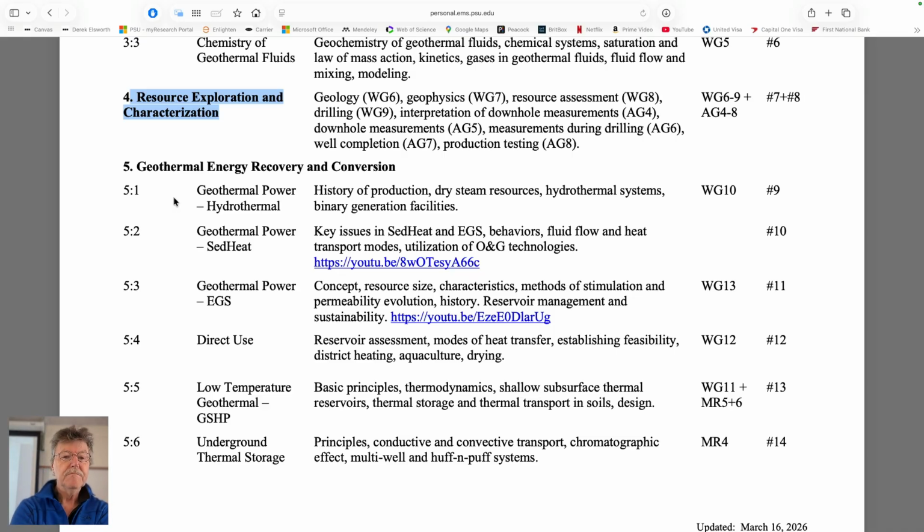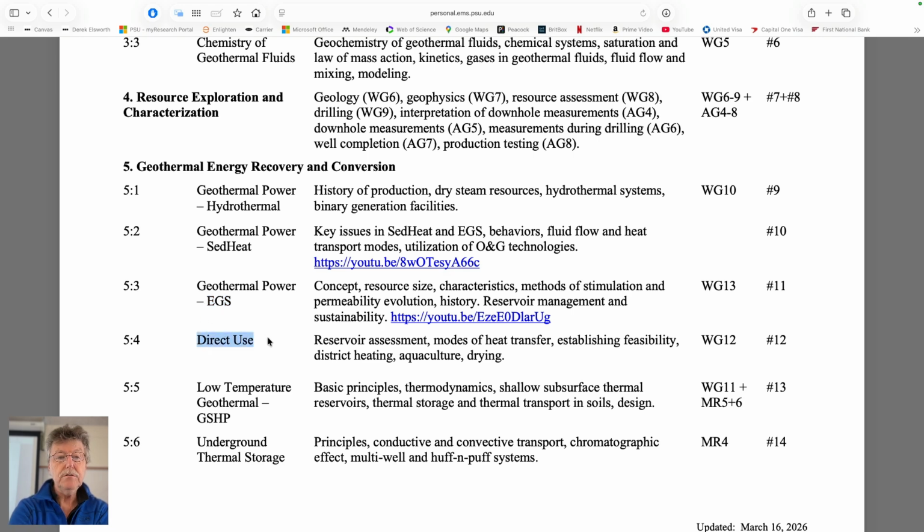principles to hydrothermal reservoirs, which we know are the reservoirs which are maxed out. Not many portions are available; all the sweet spots have been taken, and we'll talk about that today. We'll talk about heat from sedimentary reservoirs, lower heat, maybe used for district heating. We'll talk about EGS, enhanced geothermal systems, and what those represent.